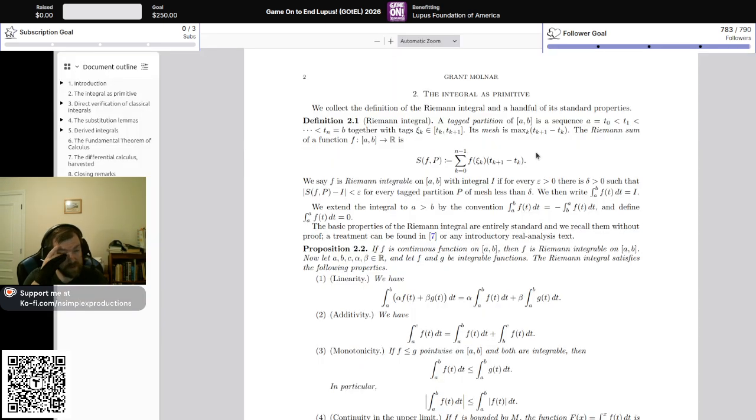So we say that f is Riemann integrable on a to b with integral I if for every epsilon greater than 0, this is the y distances, for every single epsilon that we pick, there will exist some delta, a distance in the x direction, such that the distance between the sum and the true integral value will be less than epsilon for every tagged partition of mesh less than delta.